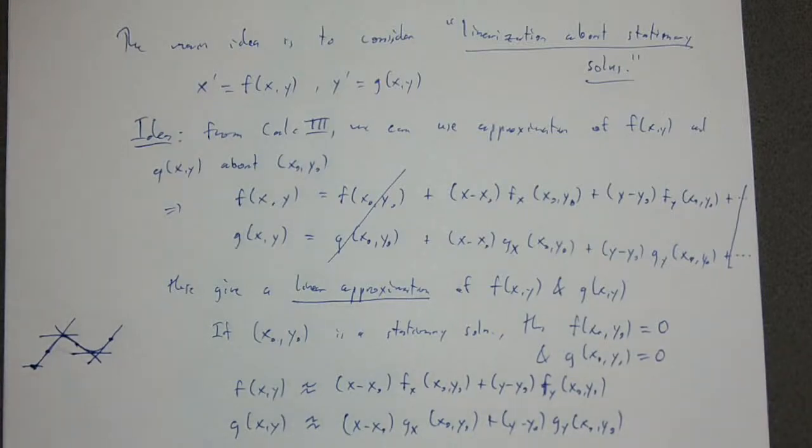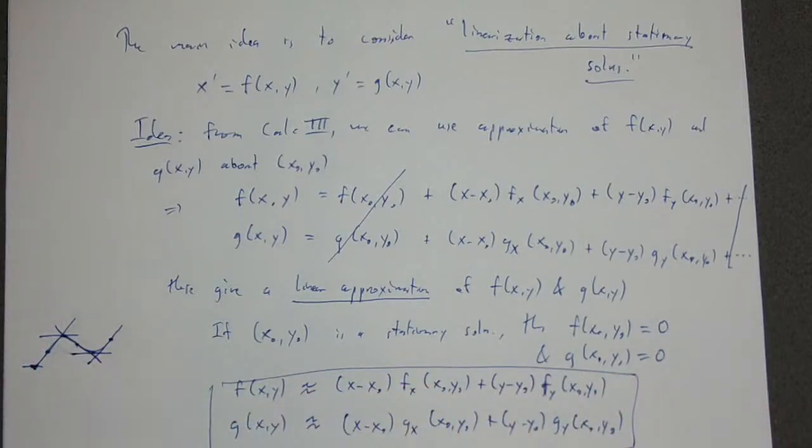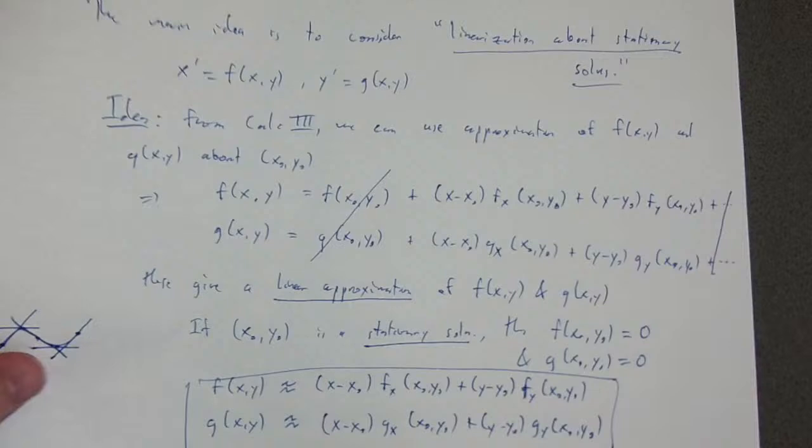Okay. So this is the linear approximation of f and g that we get near a stationary point. So if I shift, this is shifted by x naught, y naught. If I consider a shifted system where I've just added in each component x naught and y naught, what do I get?